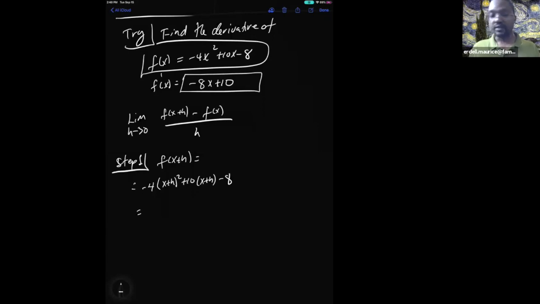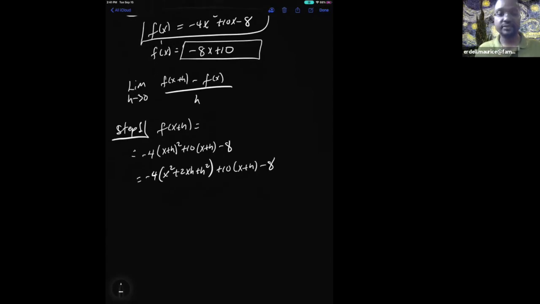Then that's going to be negative 4. We have already foiled out x plus h before. It is x squared plus 2xh plus h squared. Yes, x squared, 2xh, and then h squared. Plus 10 times x plus h minus 8.